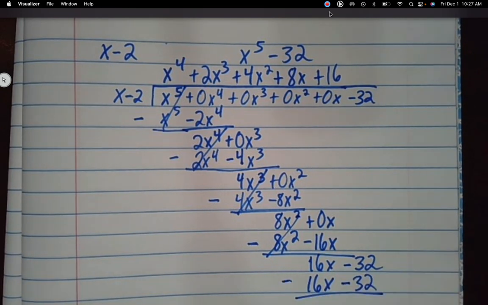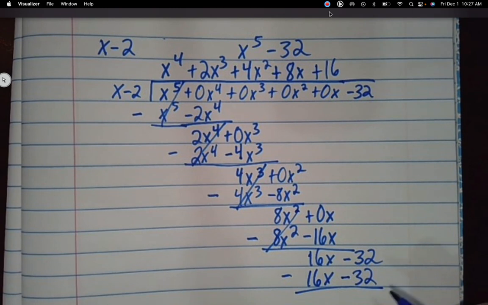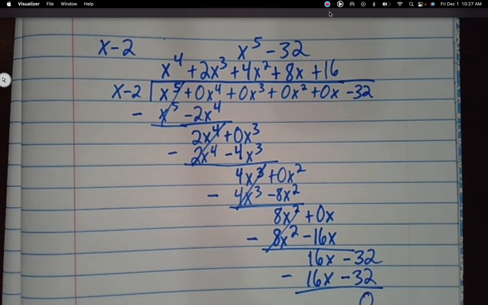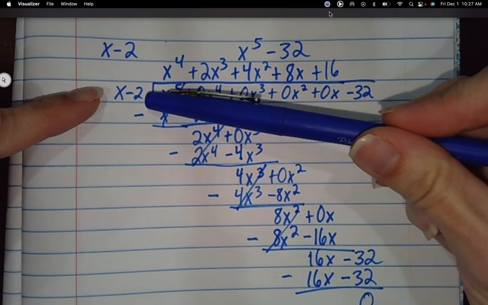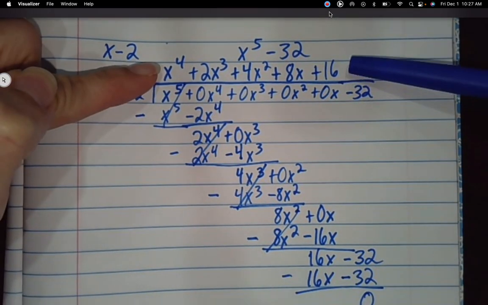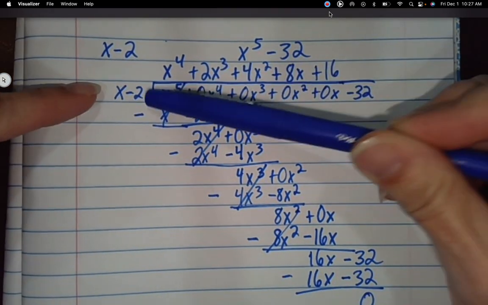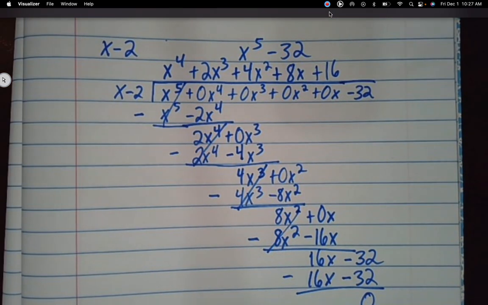And when I subtract all that, what does it go to? 0. So is it a factor? Yes. Woo! These are your 2 factors. That is a factor, and that big thing is a factor.